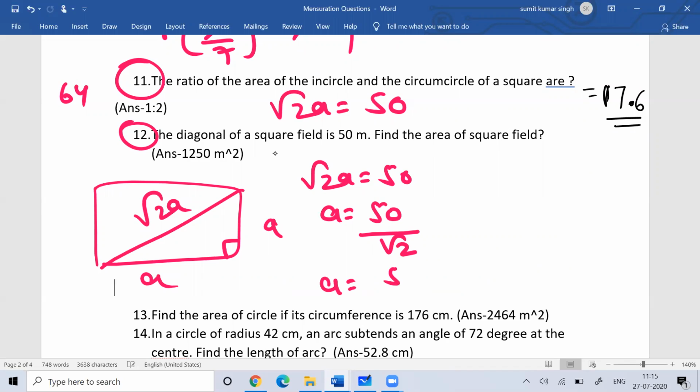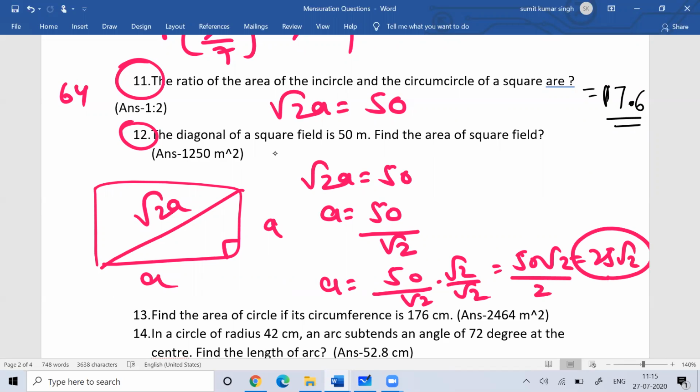Multiplying by root 2 over root 2, this is 50 root 2 by 2, so that is 25 root 2. So a is 25 root 2.